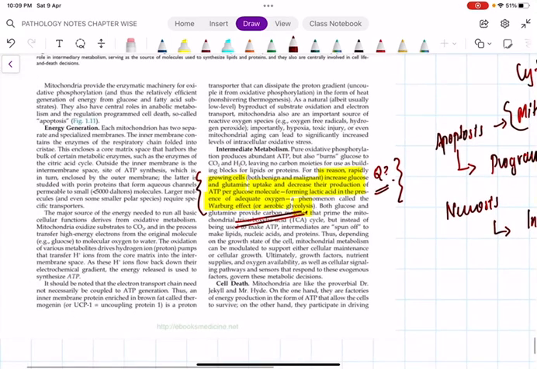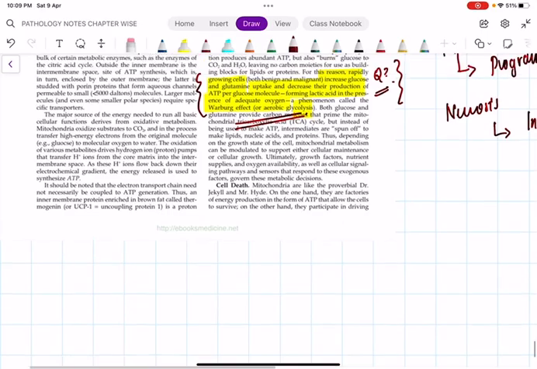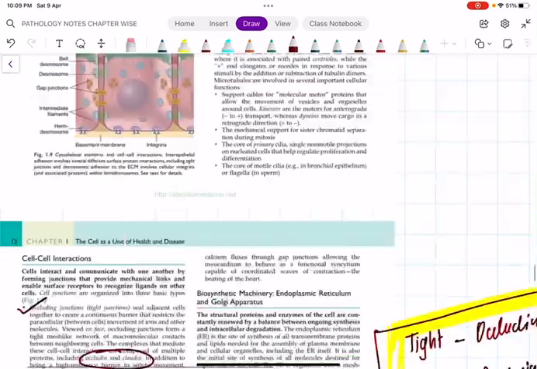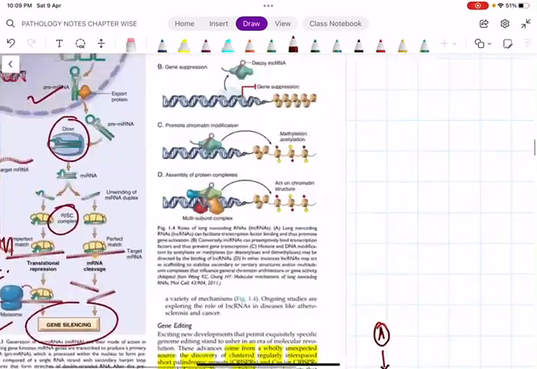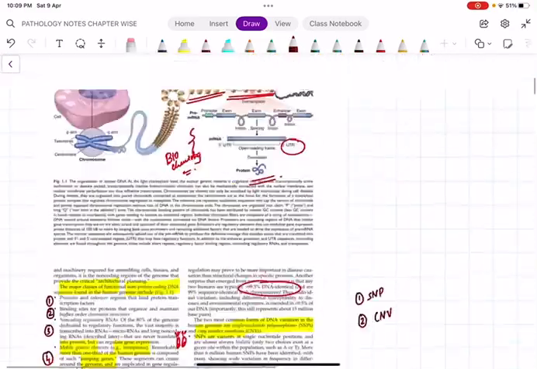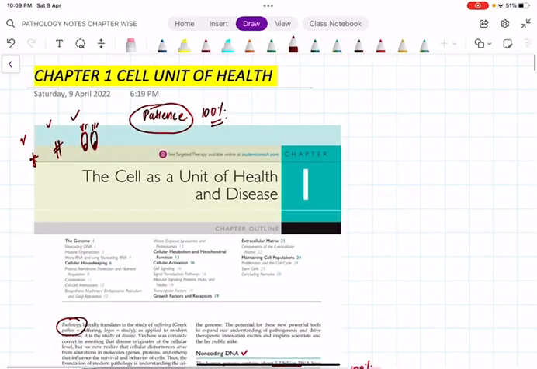That finishes this session. I hope we have discussed almost all points, MCQs, 2 mark questions, 1 mark questions, everything for part 1 of the cell, the unit of health. I hope things are very clear for you, so please go through these points.